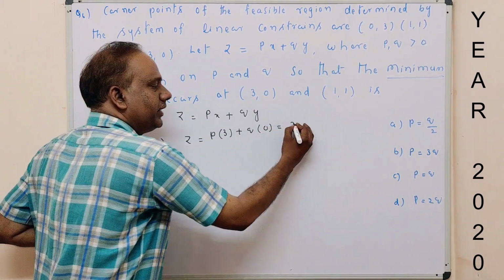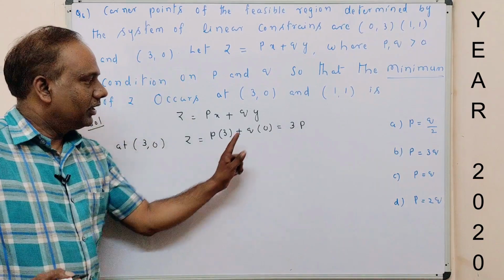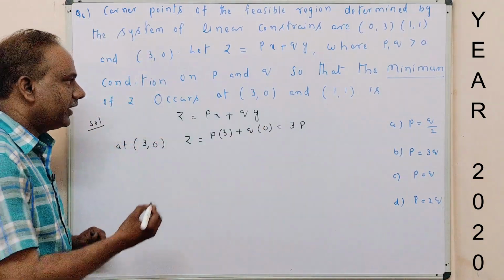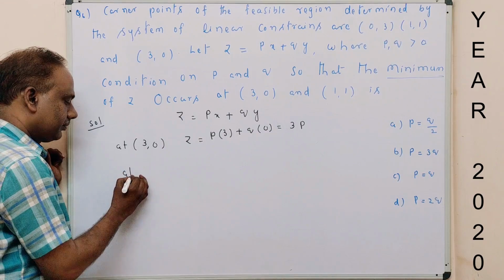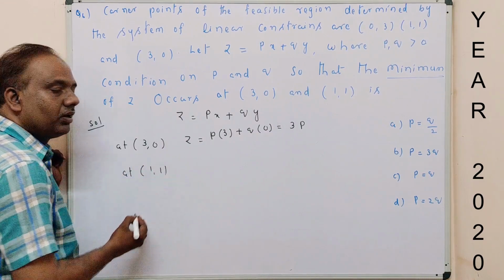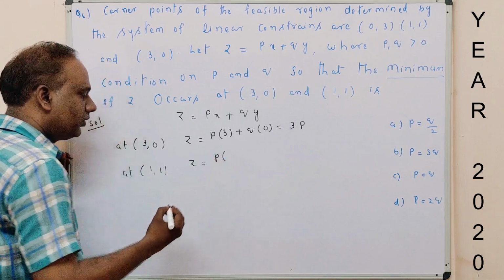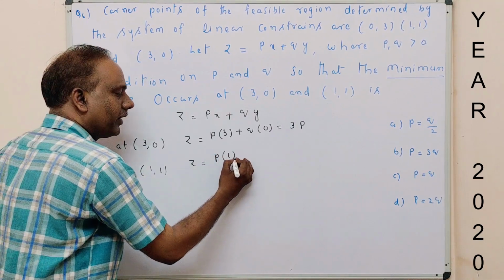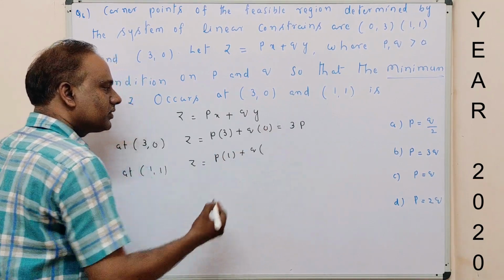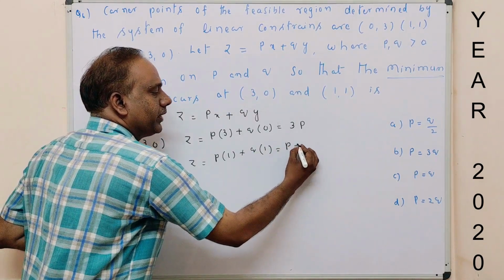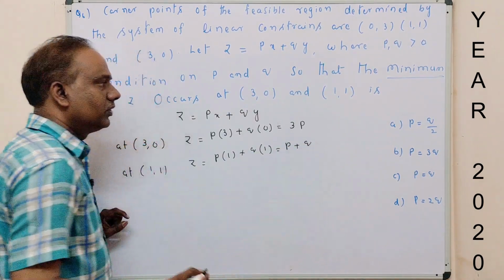So 3 into p is 3p, and q into 0 is 0. Next, at 1 comma 1, z is equal to p into, in the place of x you substitute 1, in the place of y also you substitute 1. P into 1 is p and q into 1 is q.